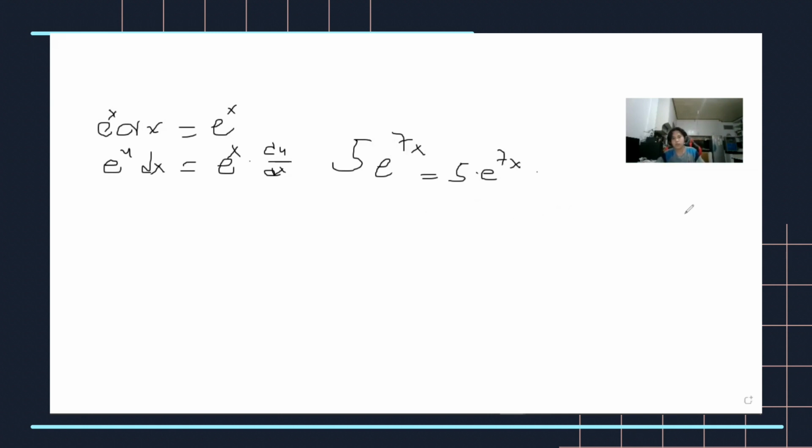So now let's consider the other cases, which are case 3 and case 4. The derivative of a raised to x dx is equal to a raised to x times ln of a.